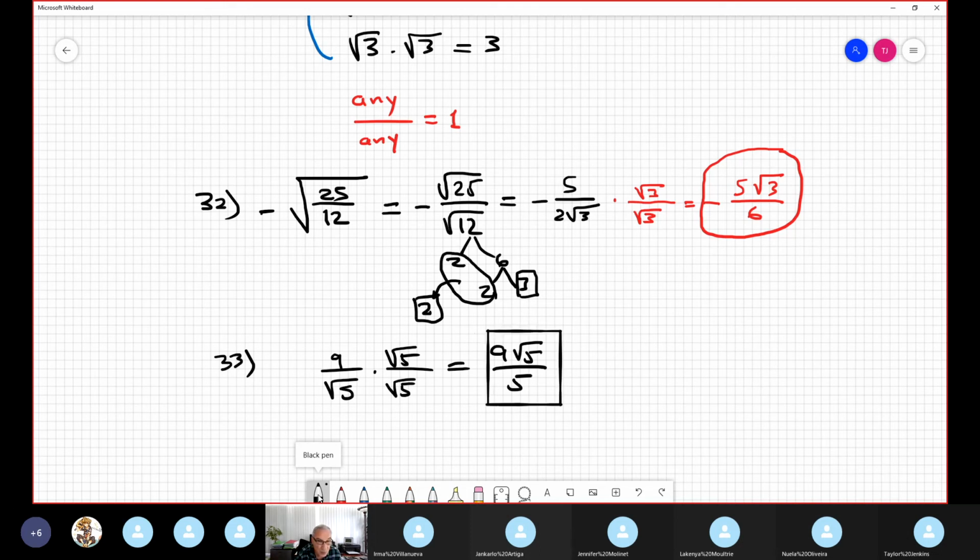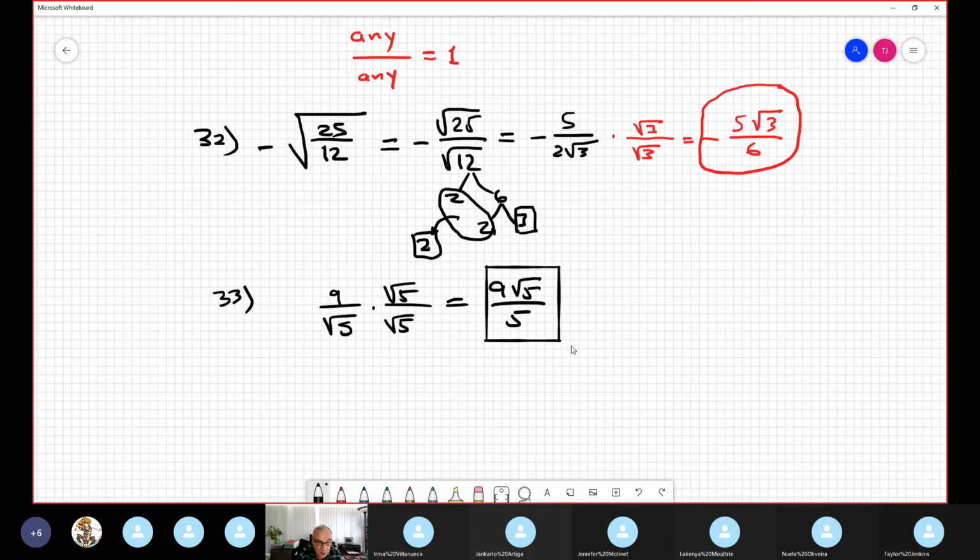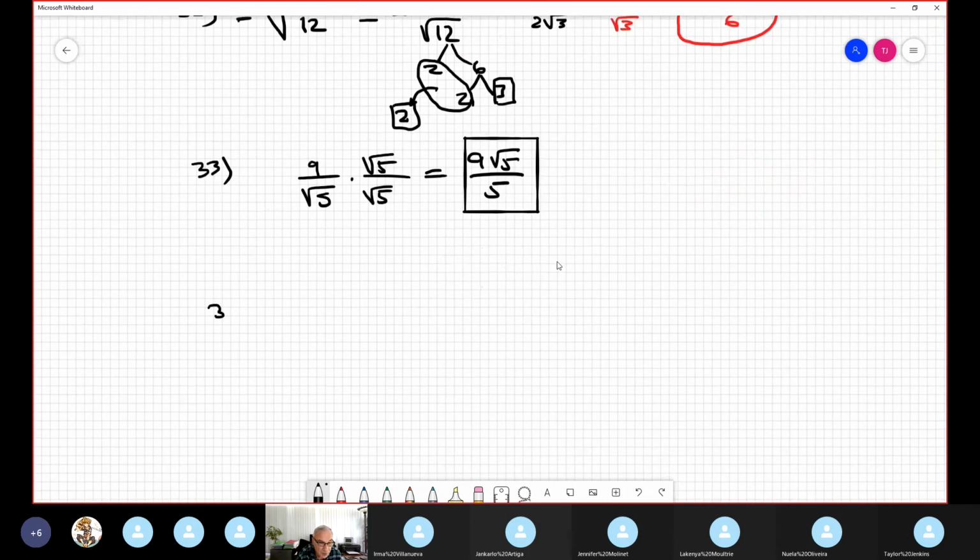Rationalize. One more, the last one. I promise it's the last one. 34 is the last one for today. It's the square root of 49 over 2. It's totally a mistake to try to divide first, because you get a decimal. No good. So you separate radical 49 and radical 2.